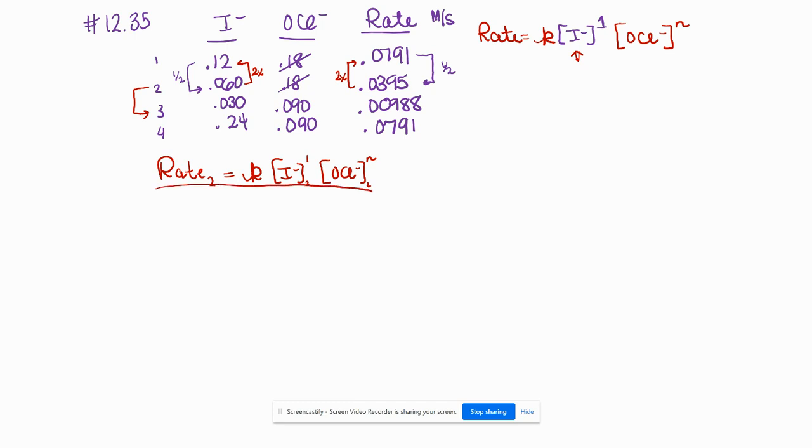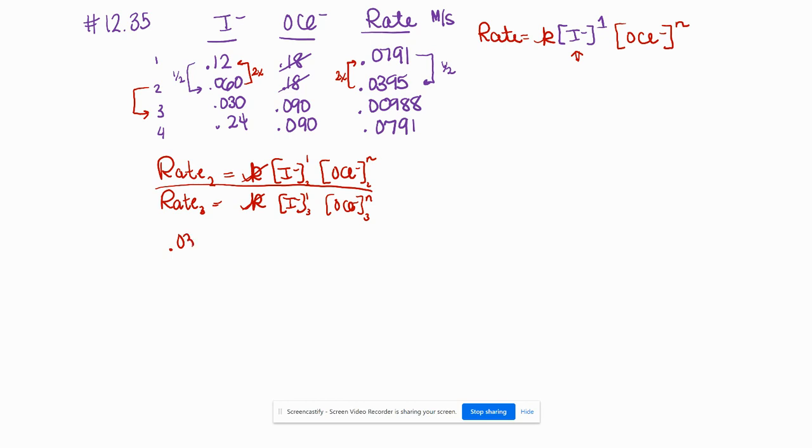And we're going to compare it to rate 3, I minus concentration in run 3, OCl minus concentration in run 3. Okay, now what can cancel out here are the K's. Those are the same.